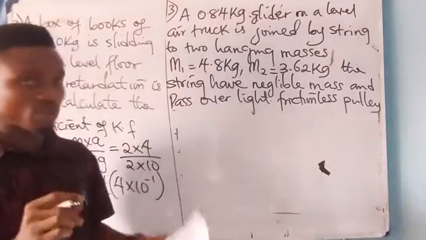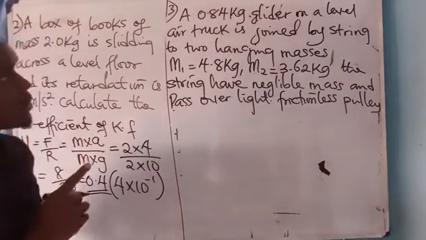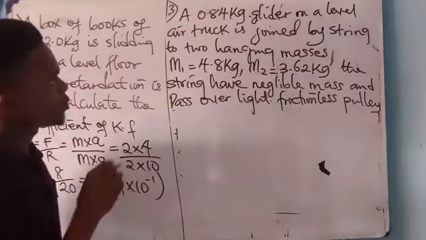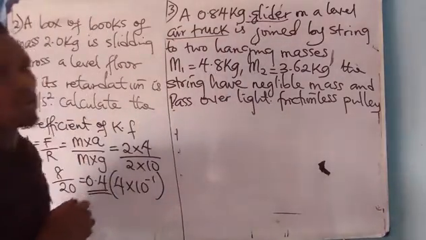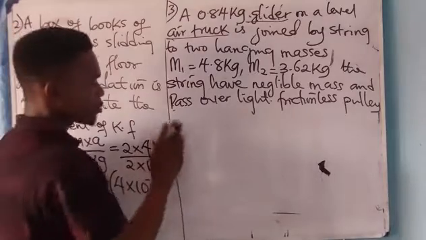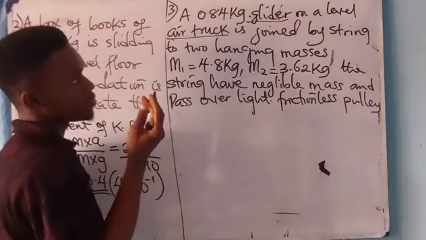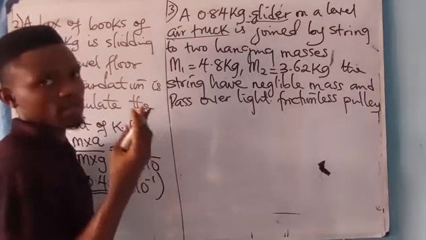Calculate the acceleration of the masses. When I was giving us the formula, I made mention of the air track glider. I told you to calculate the acceleration when three masses are given.